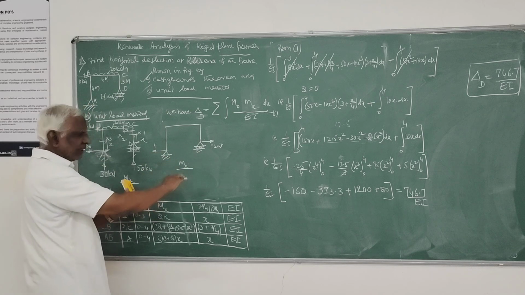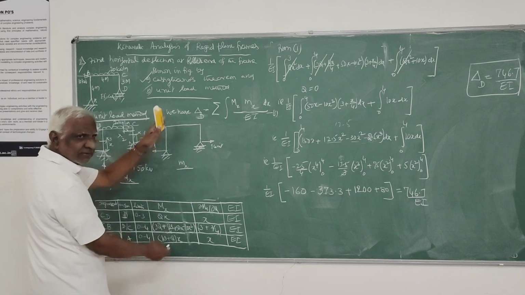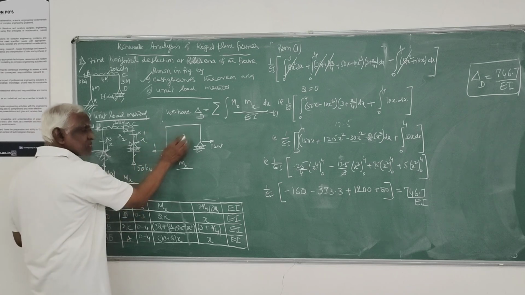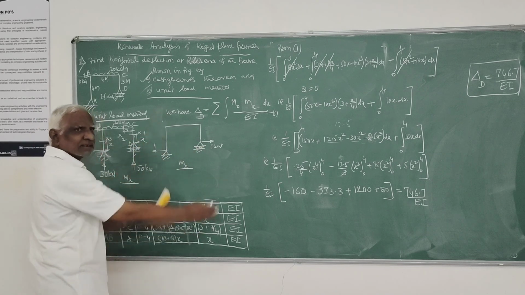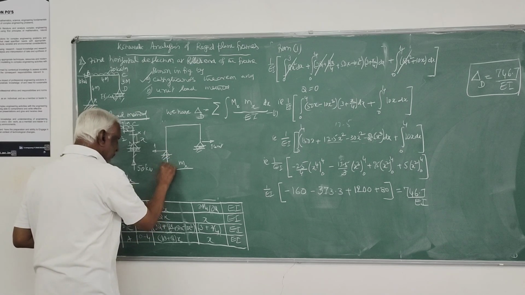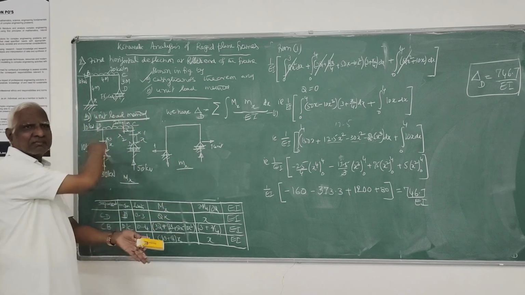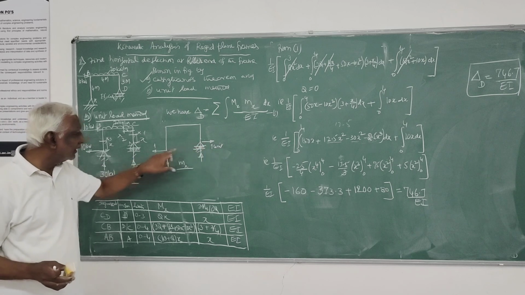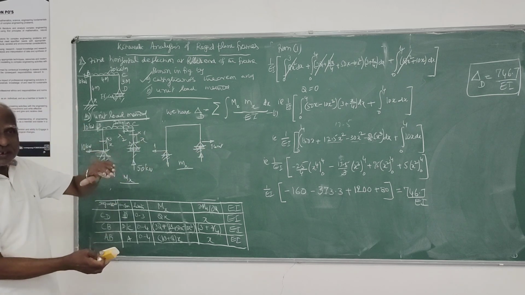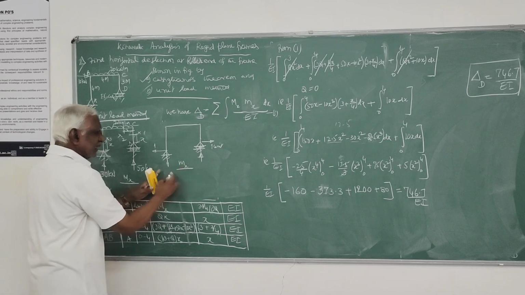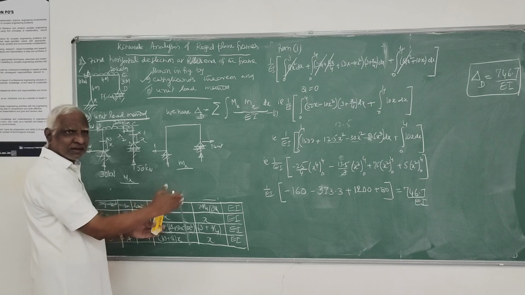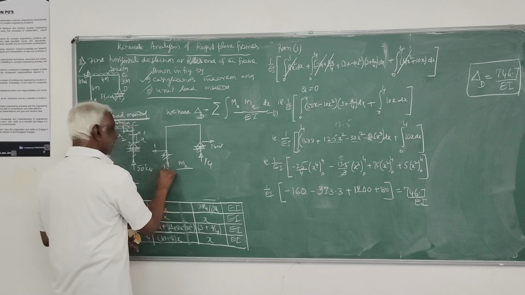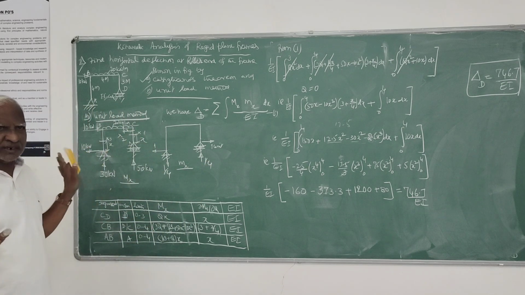It is a simple way: these two will be equal and opposite. They give you a moment in clockwise. Here the reaction should oppose, because this has to be in equilibrium. Whatever this moment is, it should be equal and opposite. Then what is the applied moment? It is 1 into 1. Suppose if I take this as V and V, V into 4 should be equal to 1. Therefore, V should be 1 by 4, 0.25. It's as simple as that for finding the reaction.